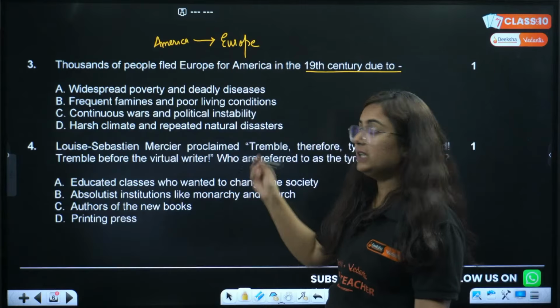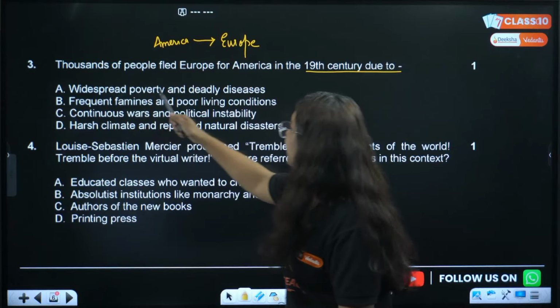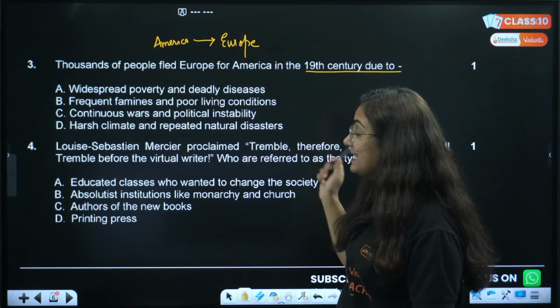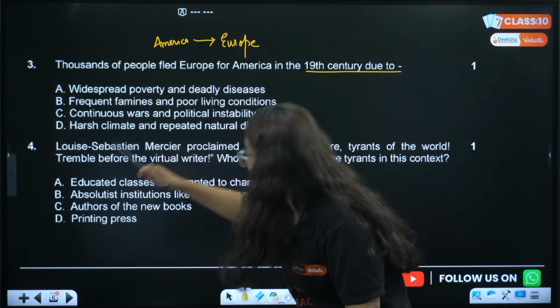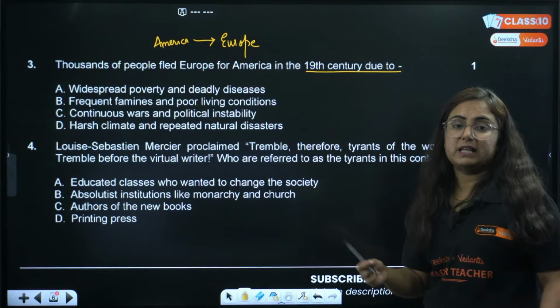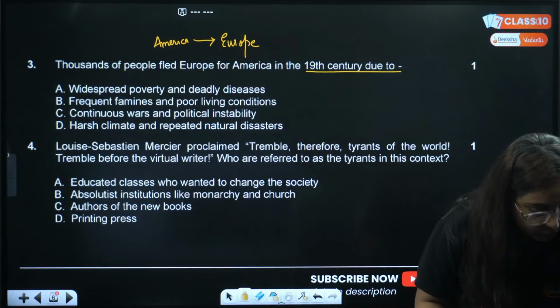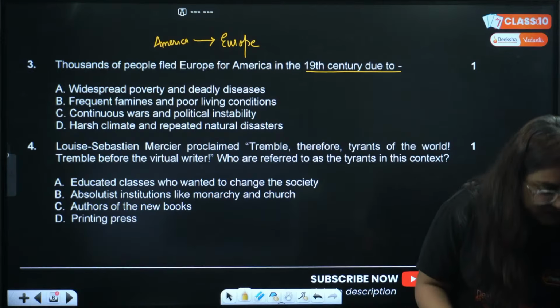Why? Option A, widespread poverty and deadly diseases. B, frequent famine and poor living conditions. C, continuous war and political instability. Or D, harsh climate and repeated natural disasters. What do you think? Anyone who knows the answer to this question? Again, this is from history.